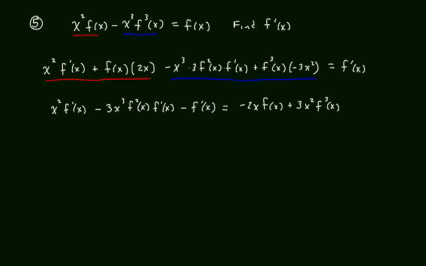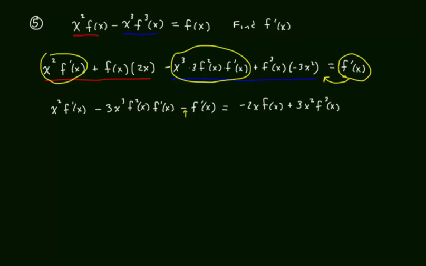So what have I done? I put all the terms that have f prime of x together on one side, so I'm circling the f prime terms. Now this one here had to be brought over to the side. That's why I have a negative f prime of x. Now it would also work if I brought them all over to the right hand side.